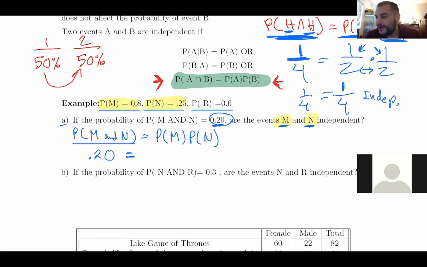Now we want to get the probability of m. They tell us that's 0.8. Then we want to get the probability of n. The probability of n is 0.25. So we want to multiply these two out.